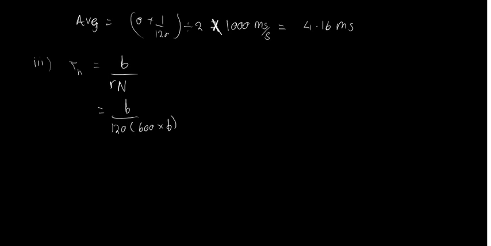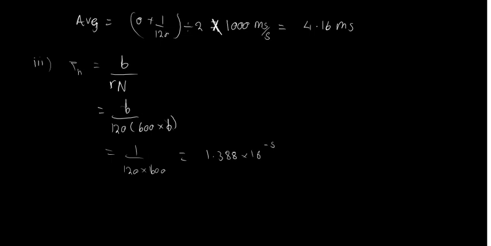So this B and this B will cancel each other out, and we're left with 1 over 120 times 600. Plugging this into my calculator, 1 divided by 120 times 600 gives a very small number, 1.388 times 10 to the power negative 5.